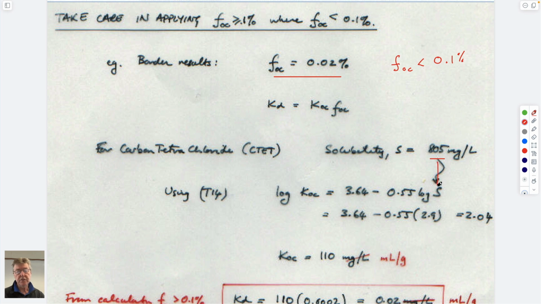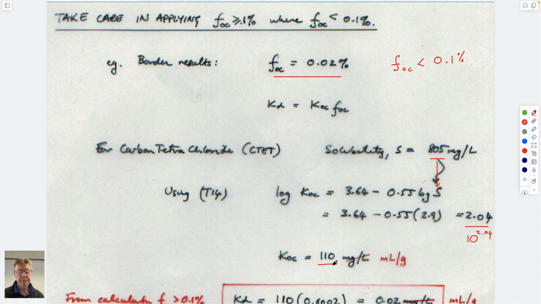If we throw that into the relationship we had before by taking the log, this is going to be less than 3, but closer to 3 than 2, right? So it's actually 2.9, the log of 805. And if you go through with that, then the log of the organic carbon coefficient is 2.04.